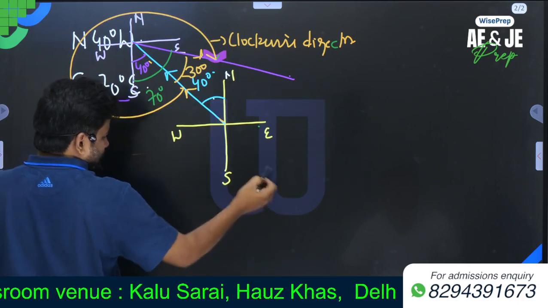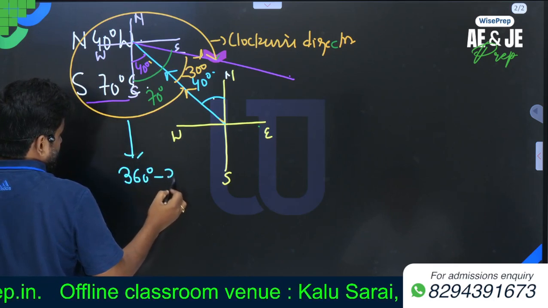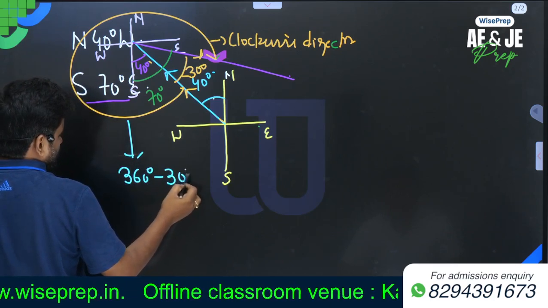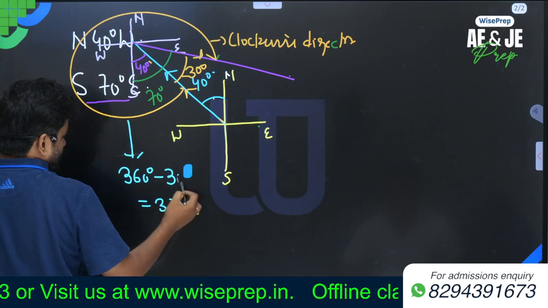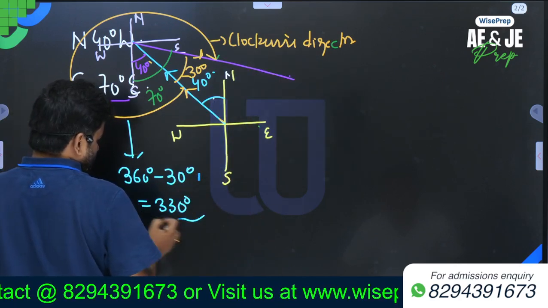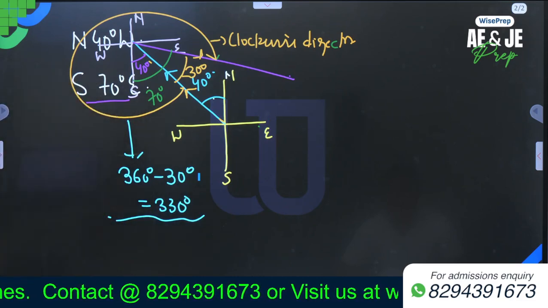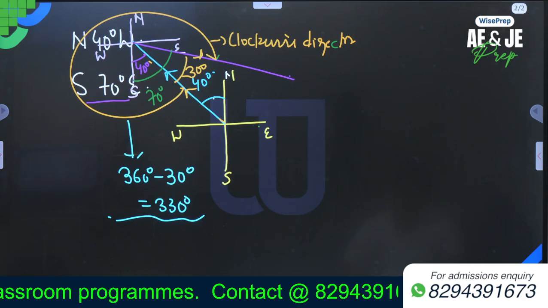So obviously this angle will be 360 degree minus 30 degree, which is equal to 330 degree. All right. Any doubt? No doubt? All of you cleared? Write down.